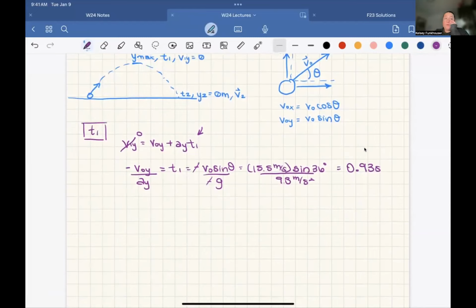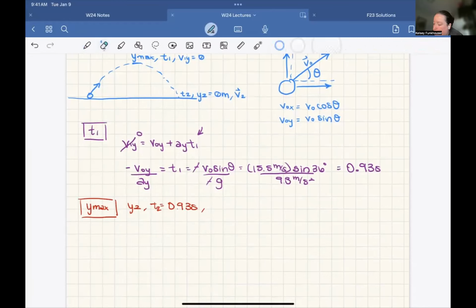Okay, well, if we know that time, then we can find the maximum height, which is good because that's what they asked for next. So the maximum height, which we're also calling y2, and now we have the time to that, time 2, of 0.93 seconds. We're going to use the long kinematics equation, so our velocity at this point doesn't matter.